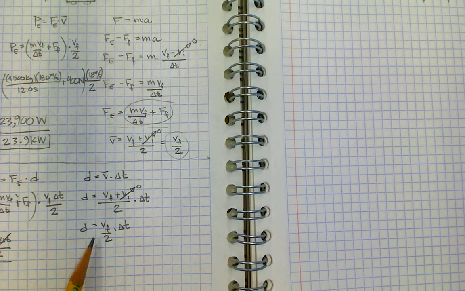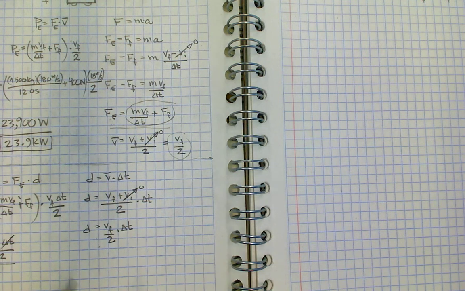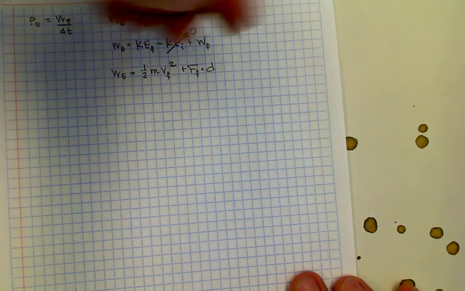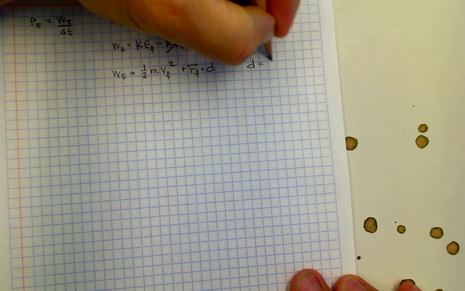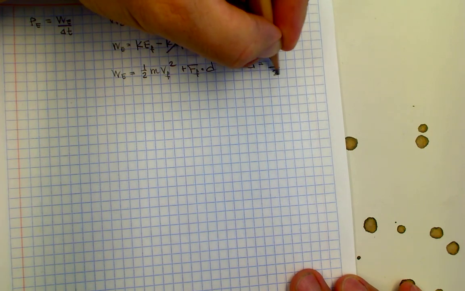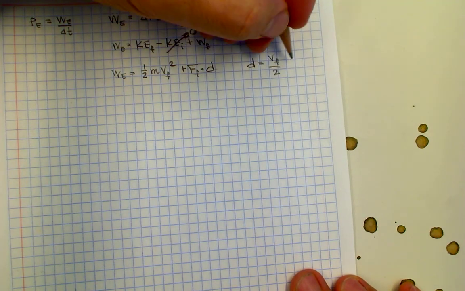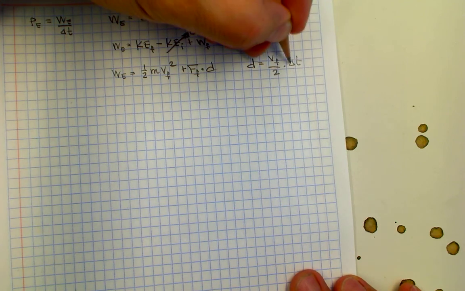It's here. And we know everything else in that equation. So let me just copy that equation for D over here. We got D is equal to the final speed over 2, that's the average speed, times the change in time.